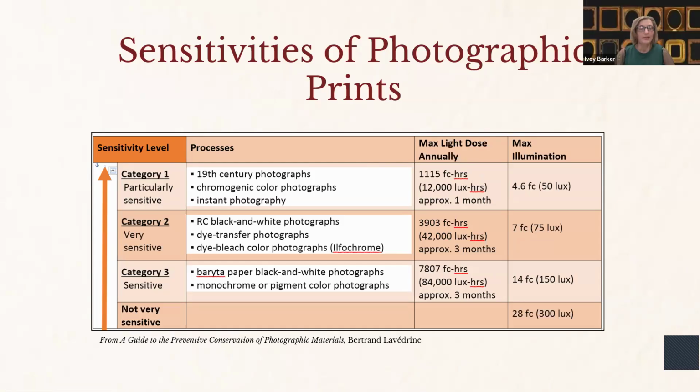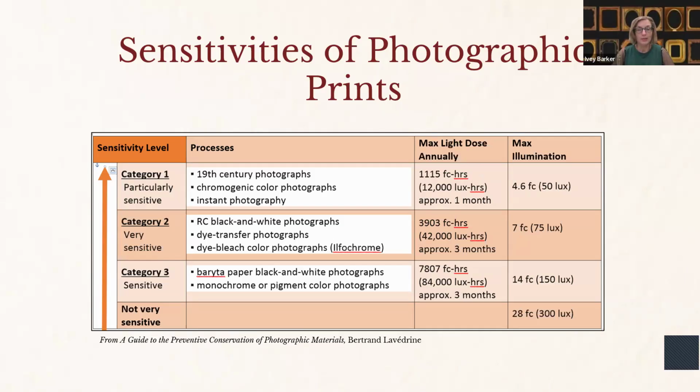Yeah, so this is a key example that older photographs aren't necessarily the most vulnerable or need to be prioritized the most quickly. But it does give you an indication of their sensitivity level specifically to light in this chart, but it does hold up for other deterioration types.